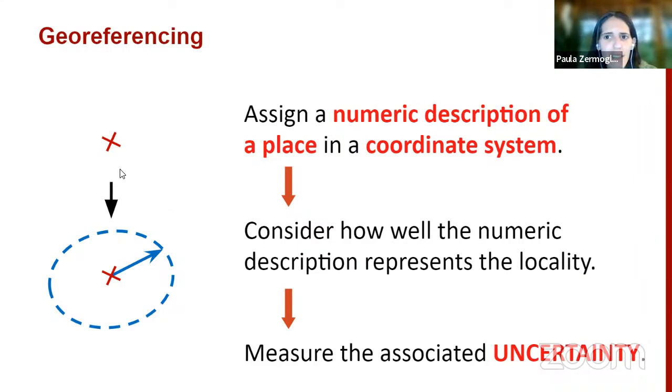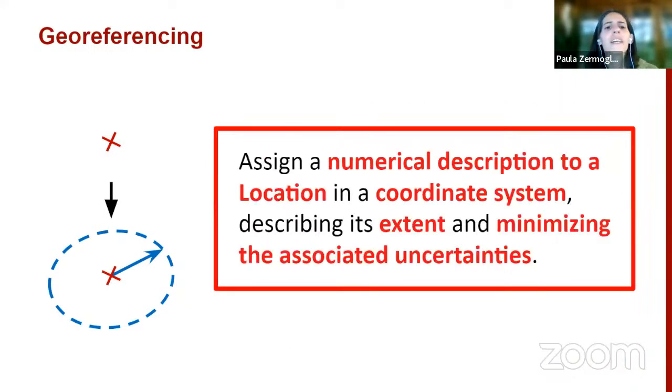In order to assign that numeric description of this place, we need to consider how well that numeric description actually represents the locality. And so we will have to measure an associated uncertainty. We're going to see this during the whole course.